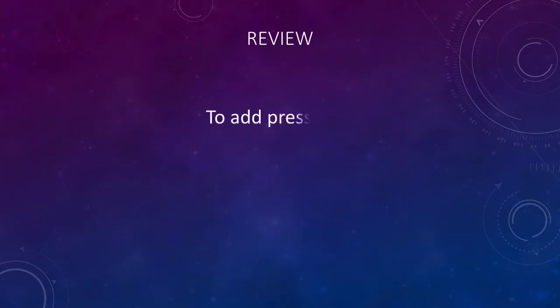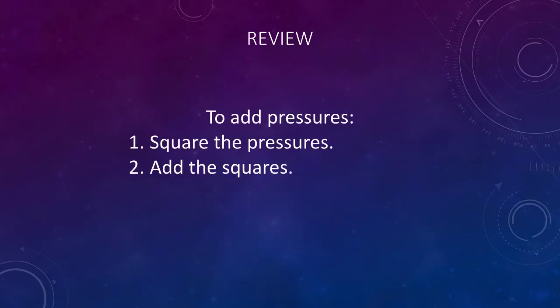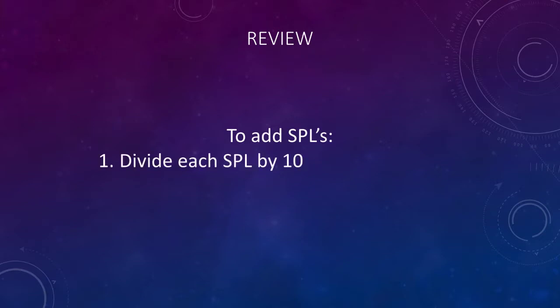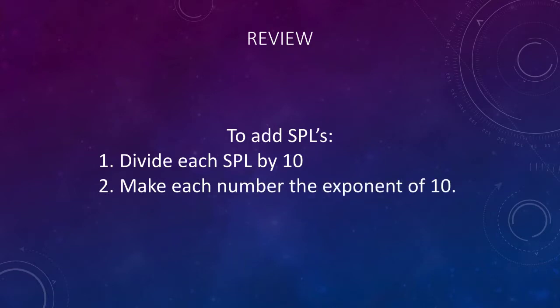To add pressures, square the pressures, add the squares, and take the square root of the sum. To add SPLs together, divide each SPL by 10. Make each number the exponent of 10. Add all those numbers.